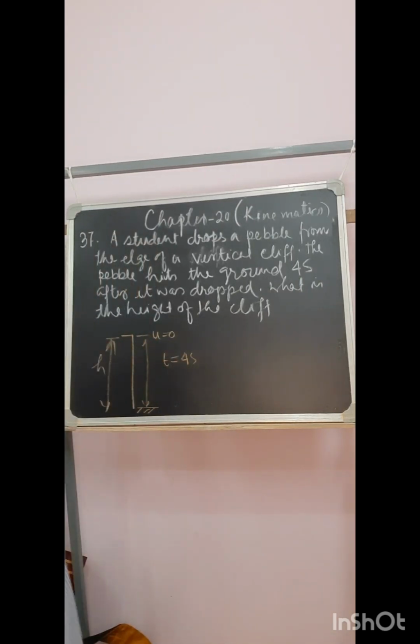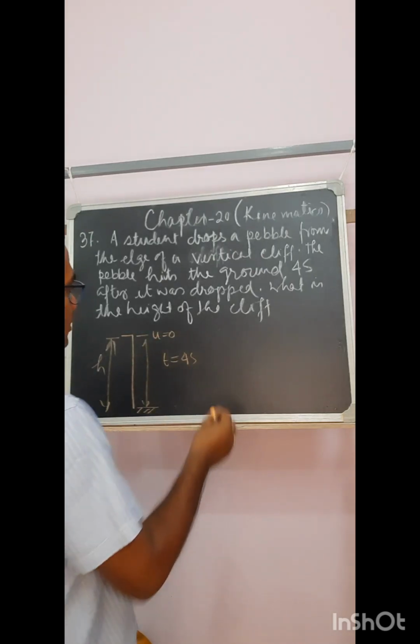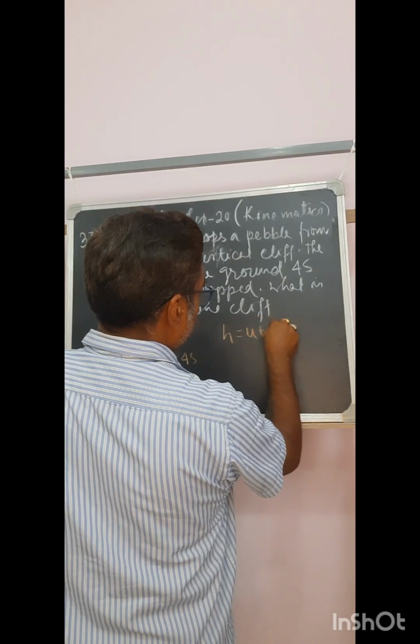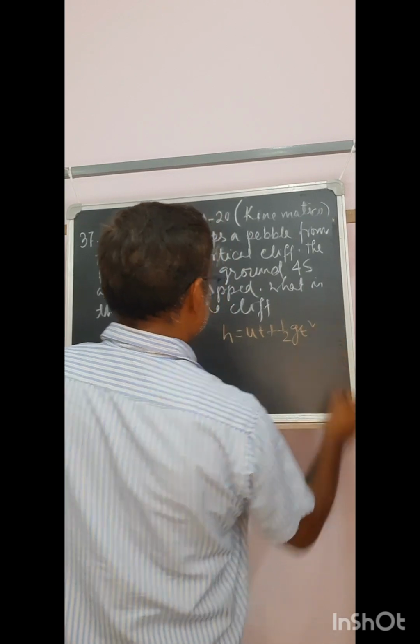Now, as it is motion under gravity, the equation that we have learned is ut plus half gt square.